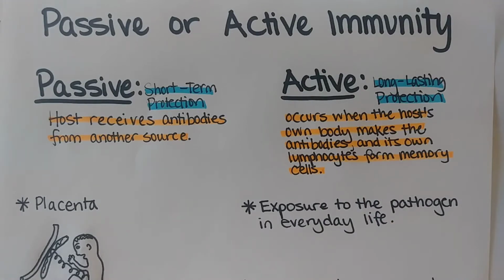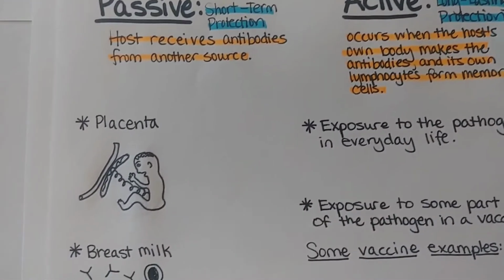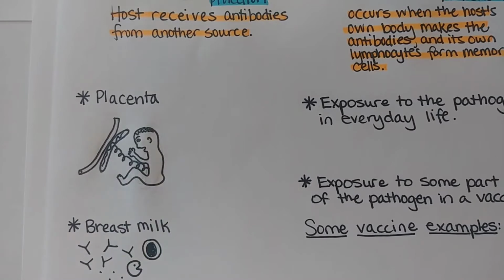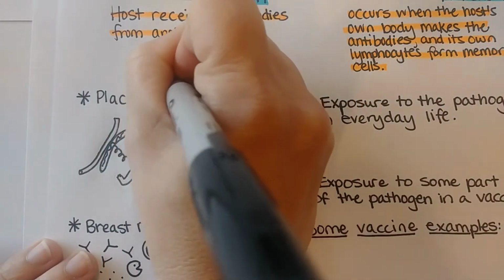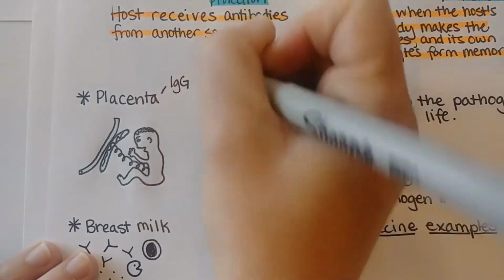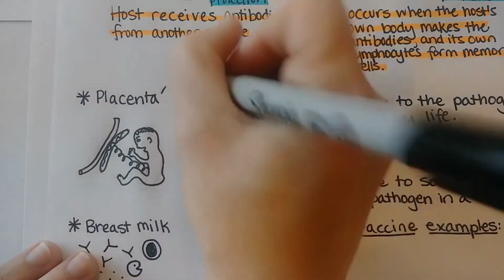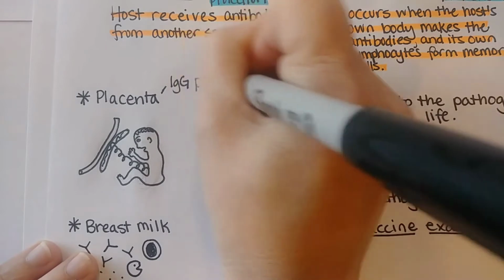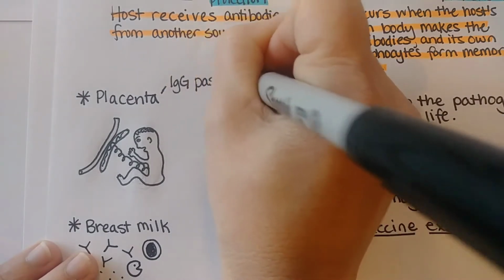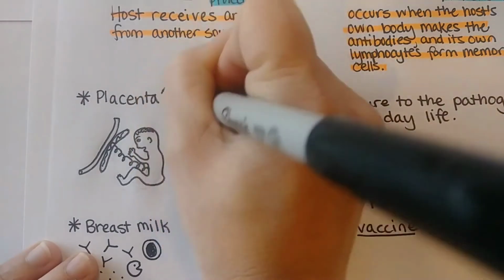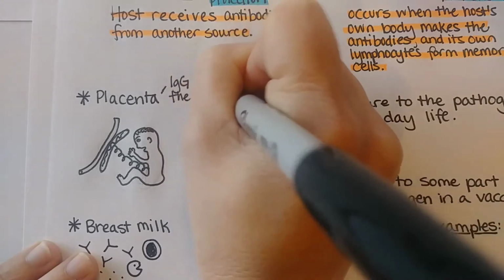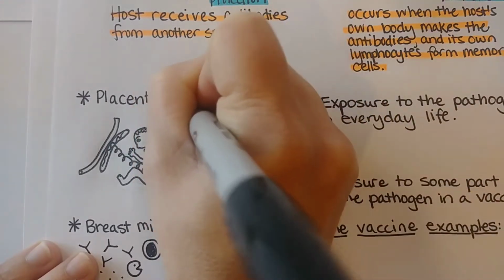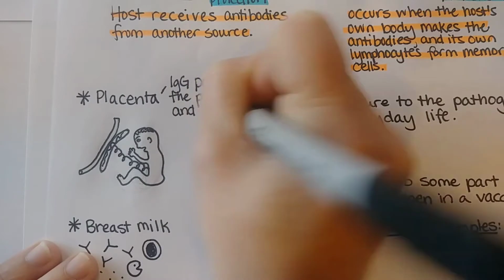Okay, so the first example I'll give for passive immunity is via the placenta. So IgG antibodies, these are the ones that circulate in the mother's bloodstream, cross the placenta and enter the baby's bloodstream.